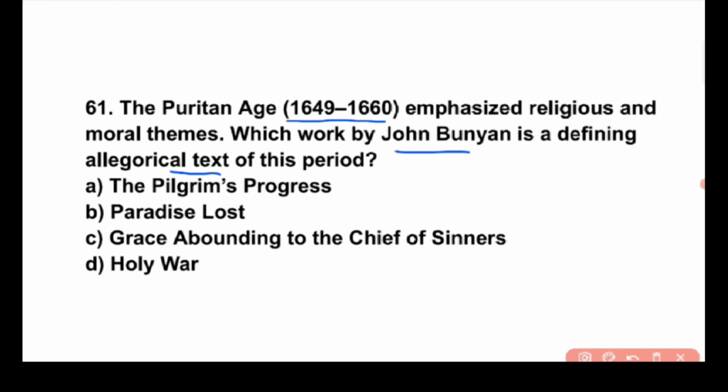We all know well, The Pilgrim's Progress by Bunyan, 1678, is a religious allegory of spiritual salvation, a canonical Puritan text.